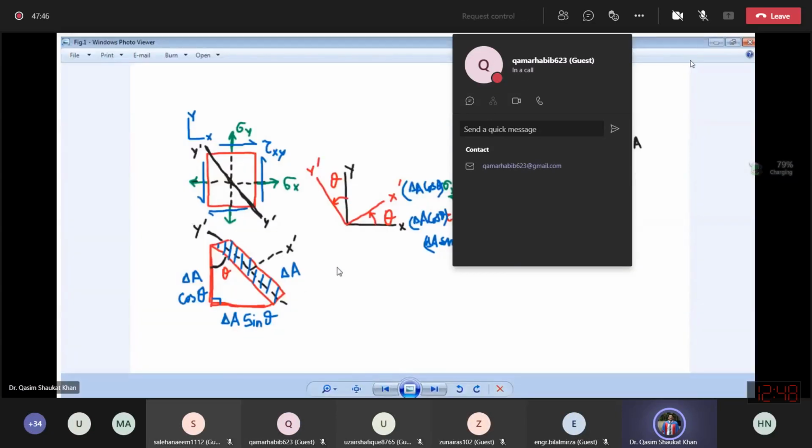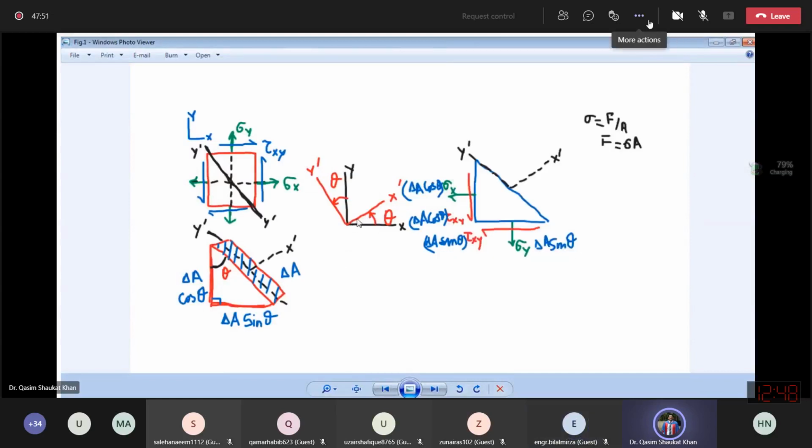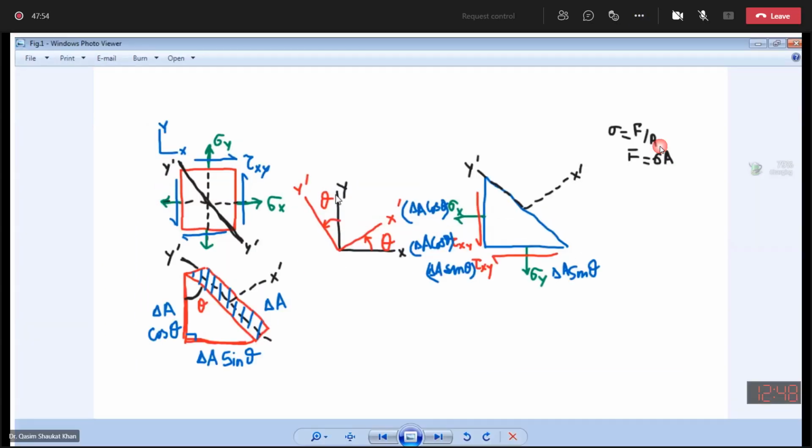Bilal, first let me answer your question again with the figure. This is the x-axis, this is the y-axis, the regular x and y axes. Now your axes are rotated by an angle theta. So your transformed or rotated axes are the x dash and y dash axes, which are oriented at an angle theta. Keep one thing in mind: the angle between the x-axis and y-axis, and between the x dash and y dash axes, will remain 90 degrees.